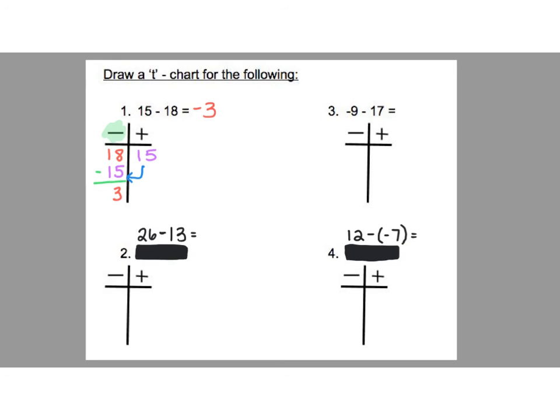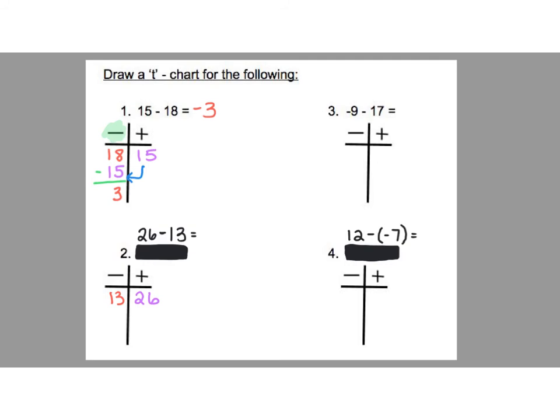In guided practice problem number 2, down below, I see 26 minus 13. The 26 is positive, so I'm going to place it on the right in my T-chart. And the 13 is negative because we are subtracting 13. So I'm going to place that on the left-hand side of my T-chart.